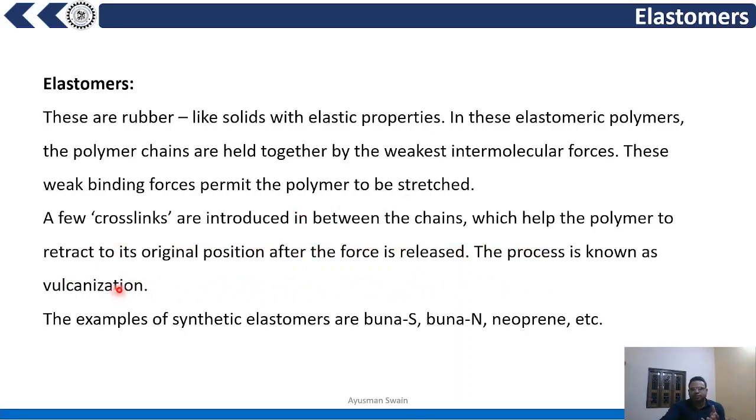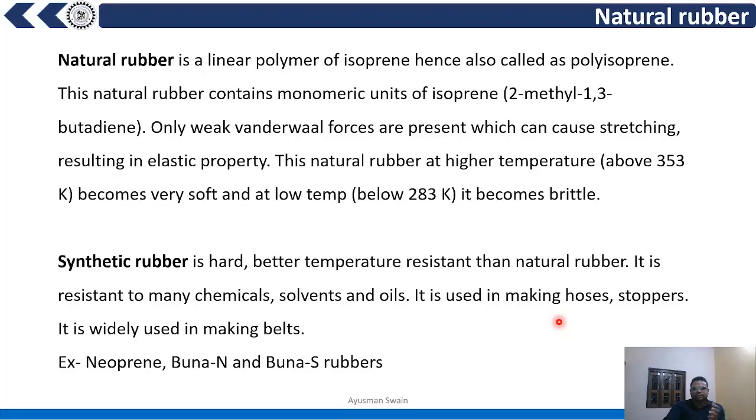This process is known as vulcanization. Elastomers are mostly rubber-like substances which you can stretch, but to enhance mechanical strength you introduce some crosslinks so that it can stretch and come back to its original position. Examples are Buna S rubber, Buna N rubber, neoprene. All these are examples of elastomers.